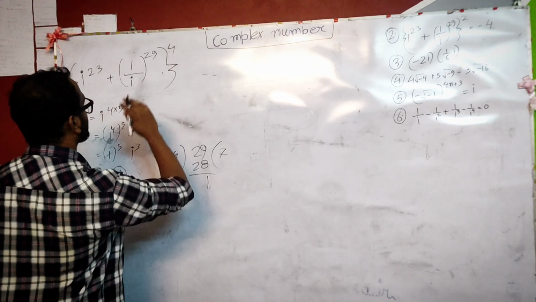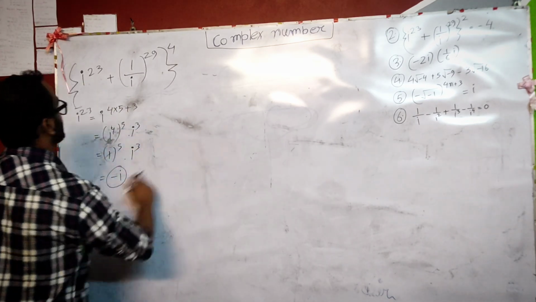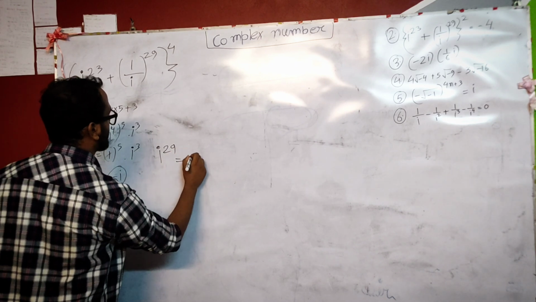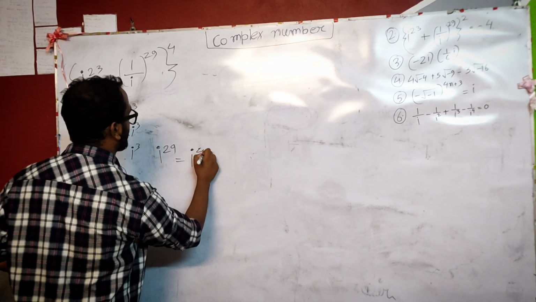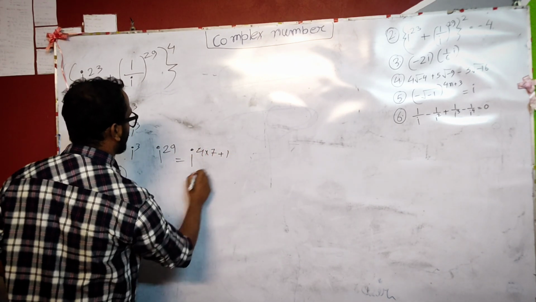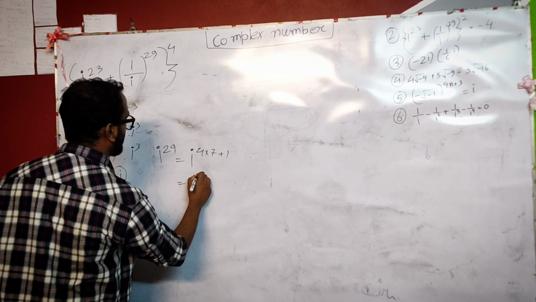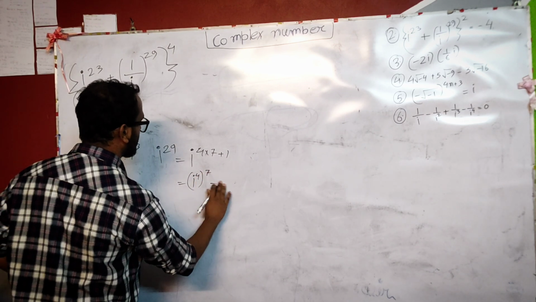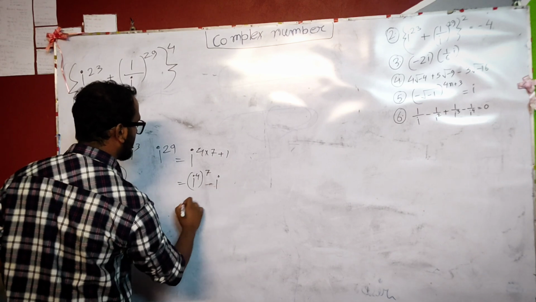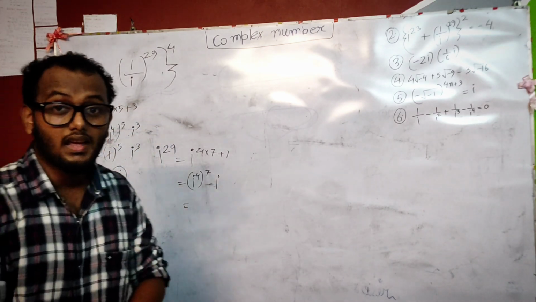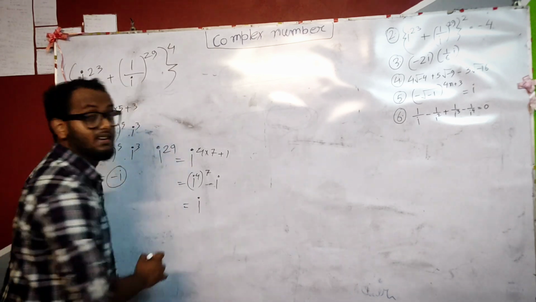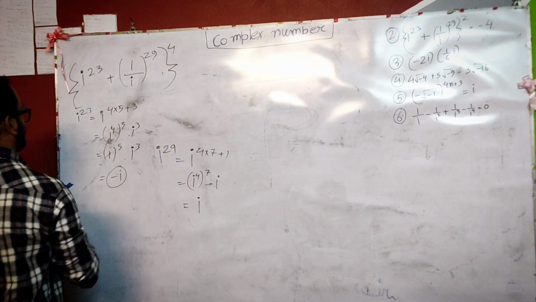So i to the power 29 is equal to i to the power 4 times 7 plus 1, that is i to the power 4 to the power 7 into i. Now i to the power 4 is 1, and 1 into i is i. So simply i.